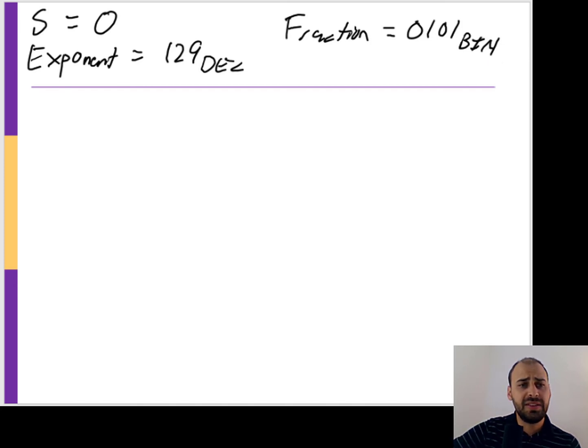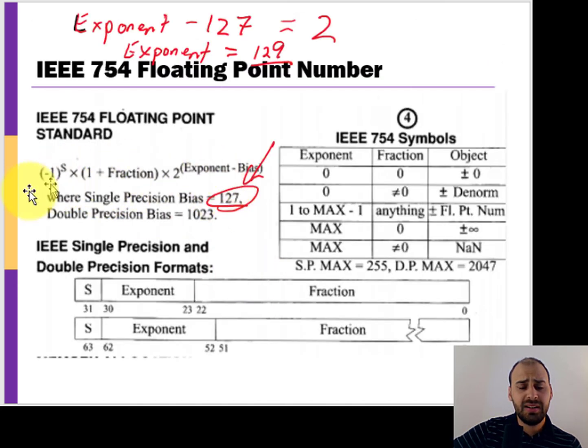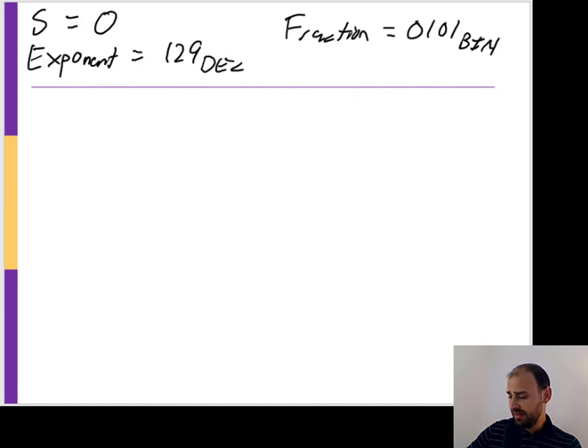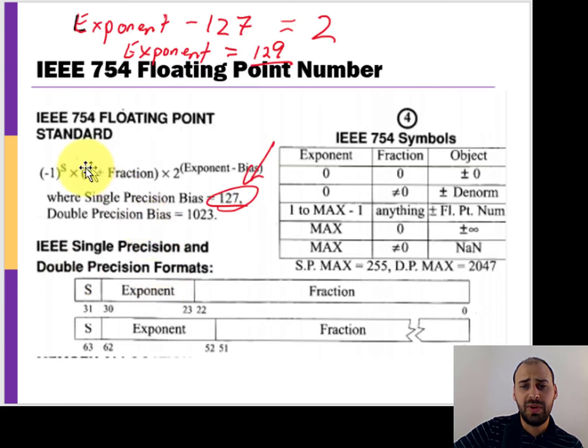All right. So we've got the formula right here, where the definition is -1 raised to the sign bit. I'm just following this formula. Then we have 1 plus the fraction.